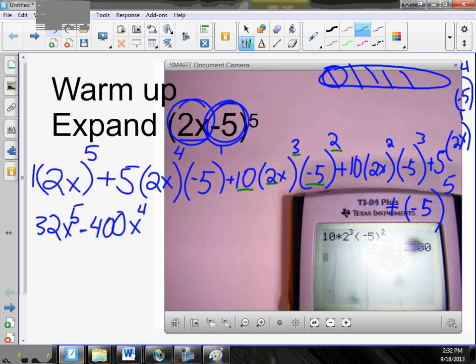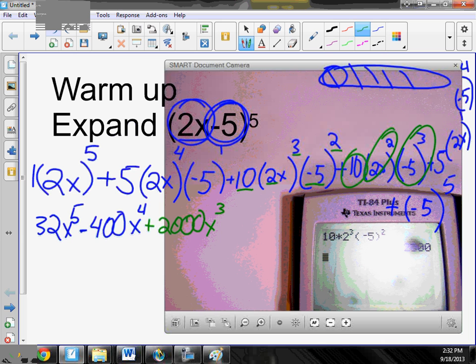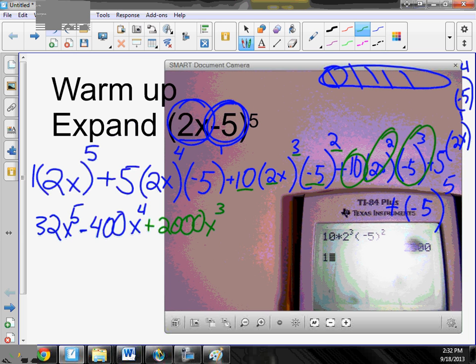So this is plus 2,000 x to the 3rd. Now the next one is 10 times 2 squared times negative 5 to the 3rd. That's negative 5,000.